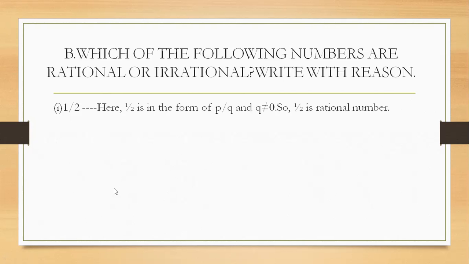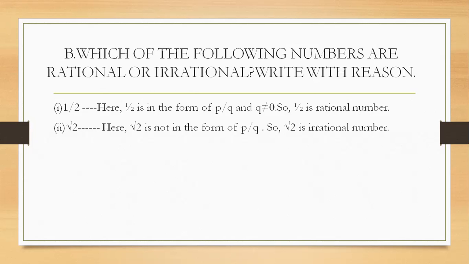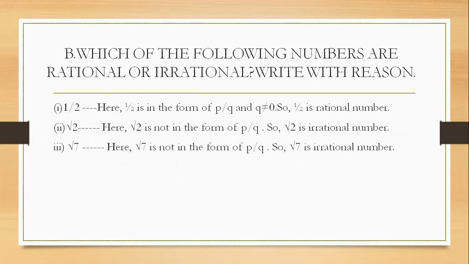Which of the following are rational or irrational? Write the reason also. 1 by 2 is in the form of p by q, and q is not equal to 0, so 1 by 2 is a rational number. Square root 2 is not in the form of p by q, so square root 2 is irrational. It doesn't come outside the root sign.